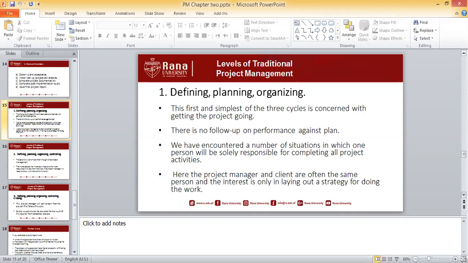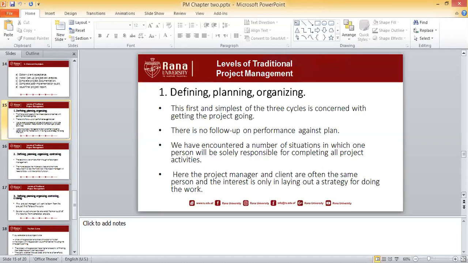Apart from this example, there could be other examples as well. For example, there are a lot of students who are teachers as well. When they want to deliver a workshop of one day or two days, this person is also a project manager, and he organizes and plans this seminar or workshop, and he himself implements it. There is no other person involved in this.